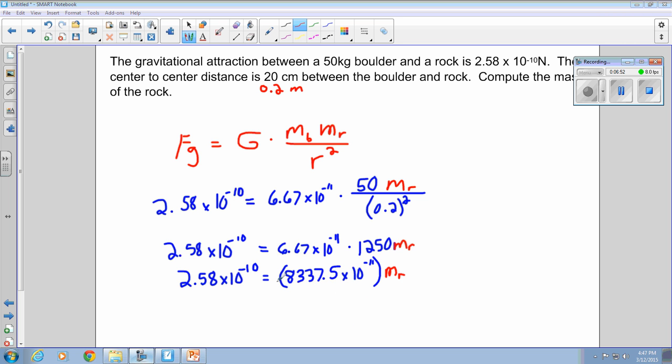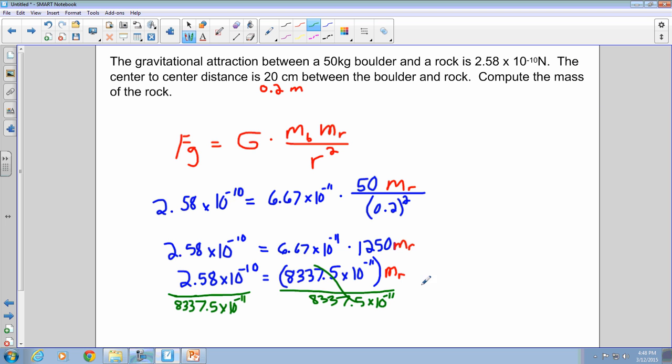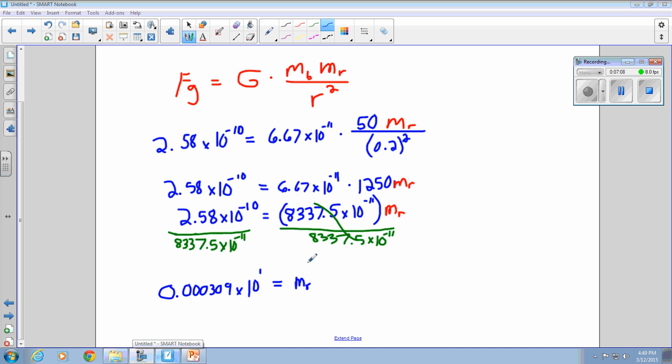So we can divide both sides by 8,337.5 times 10 to the negative 11th. Divide both sides. This one cancels out, and you're left with the mass of the rock on one side. And do your division over here. When you do the calculation, you get 0.000309 when you divide 2.58 by 8,337.5.